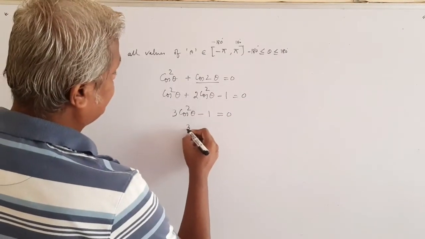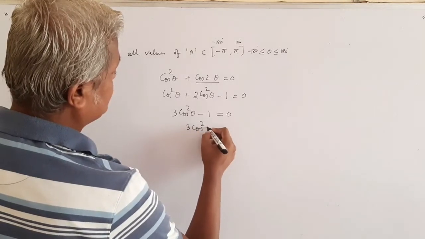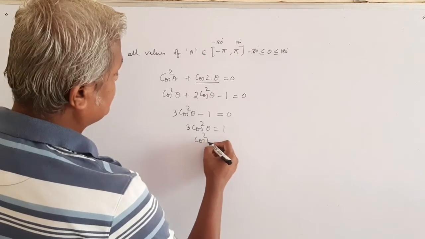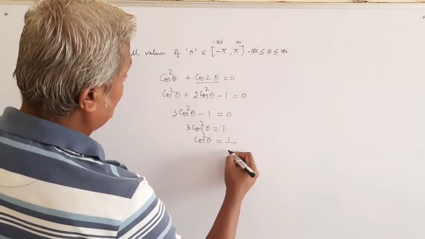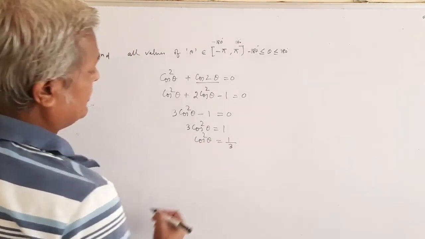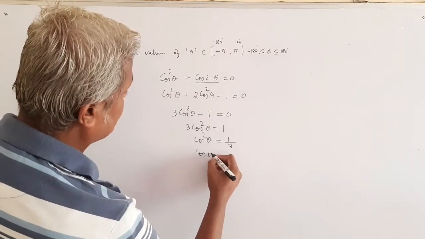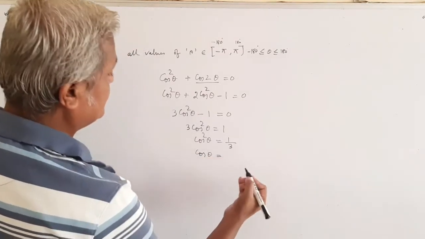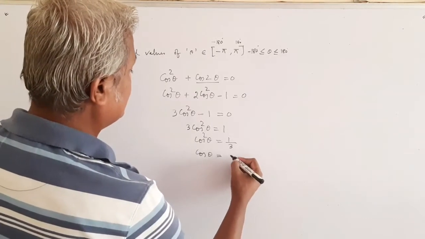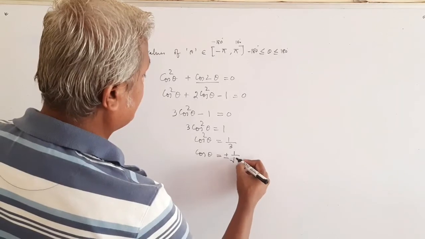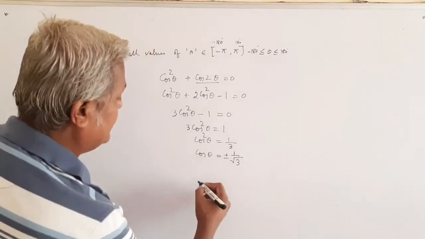So 3 cos square theta is 1 and cos square theta is 1 over 3. So cos theta is plus minus 1 by root 3.